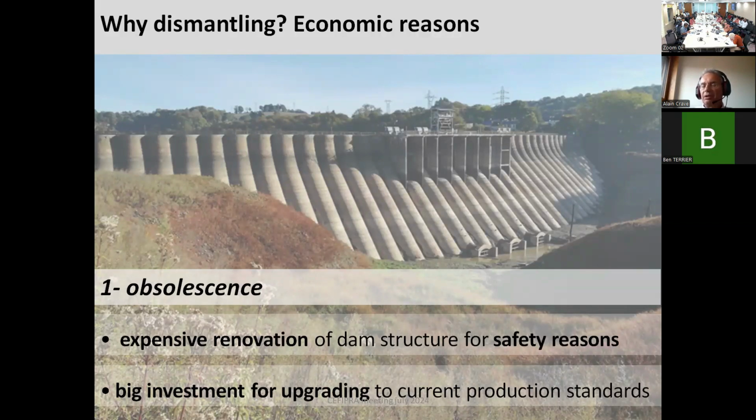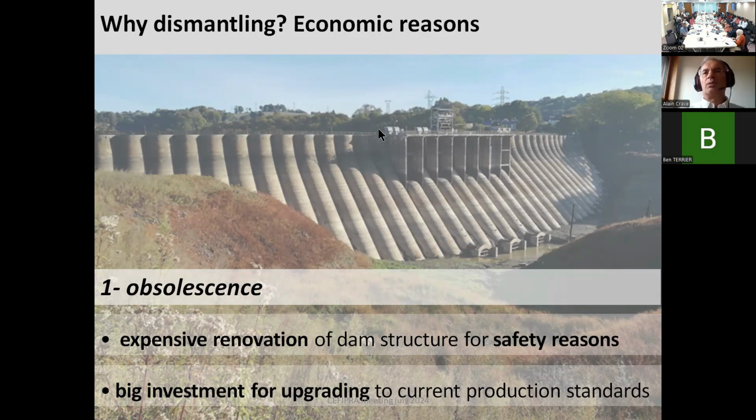So why did we remove the dams? One of the first reasons was economic. These dams are old, and because of that, they need renovation. The price of the renovation is much higher than the benefits you can get from producing electricity.